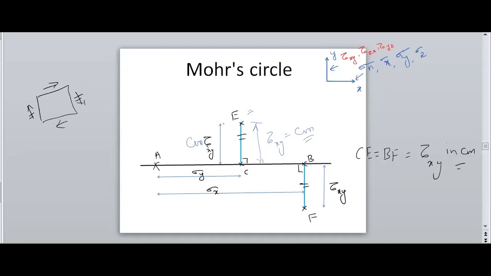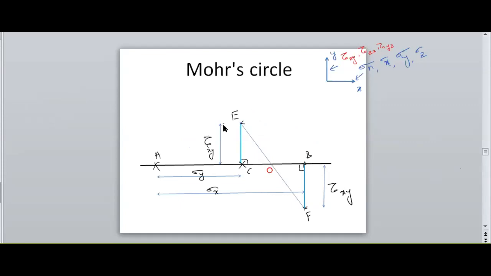Next, we need to join the EF line. Now, this line bisects our horizontal line at O. Now, next step.